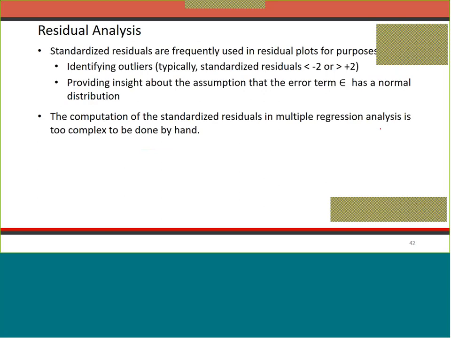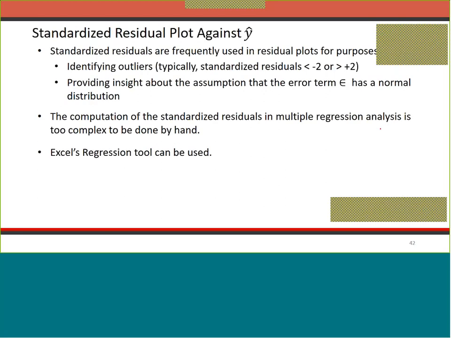But not only the residual, you can also have a standardized residual. Standardized residual is very difficult to calculate. Why? Because for each ith observation, the residual is yi minus yi crown, but the standardized residual is yi minus yi crown divided by the standard deviation of yi minus yi crown.